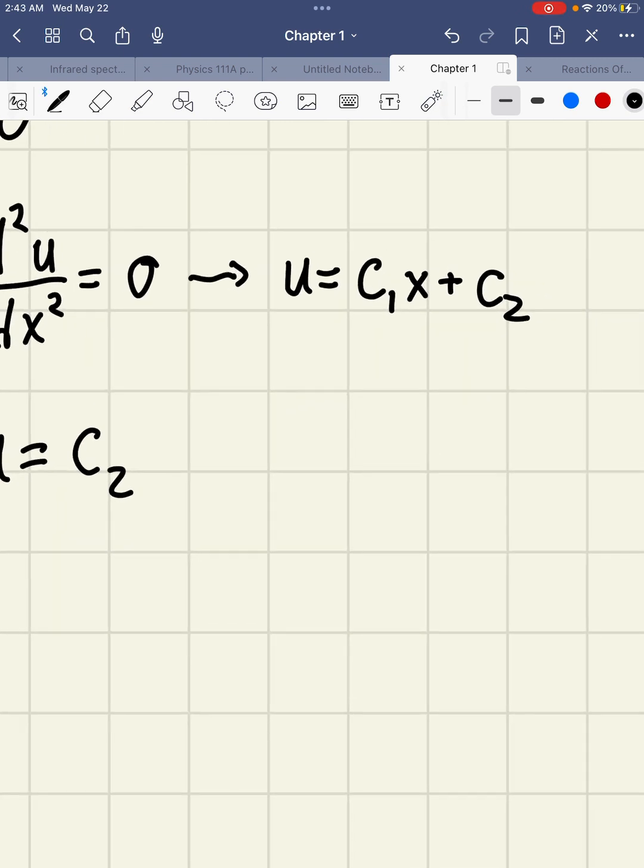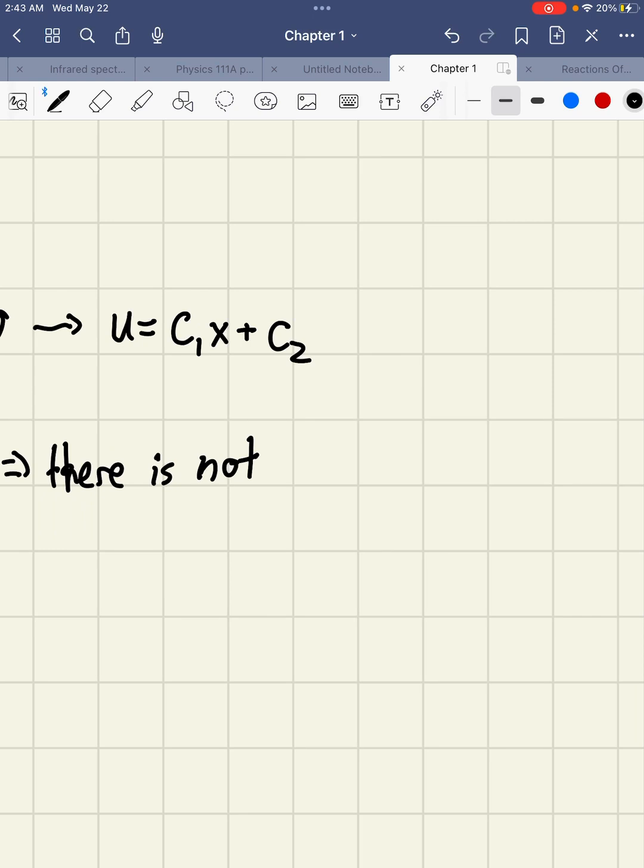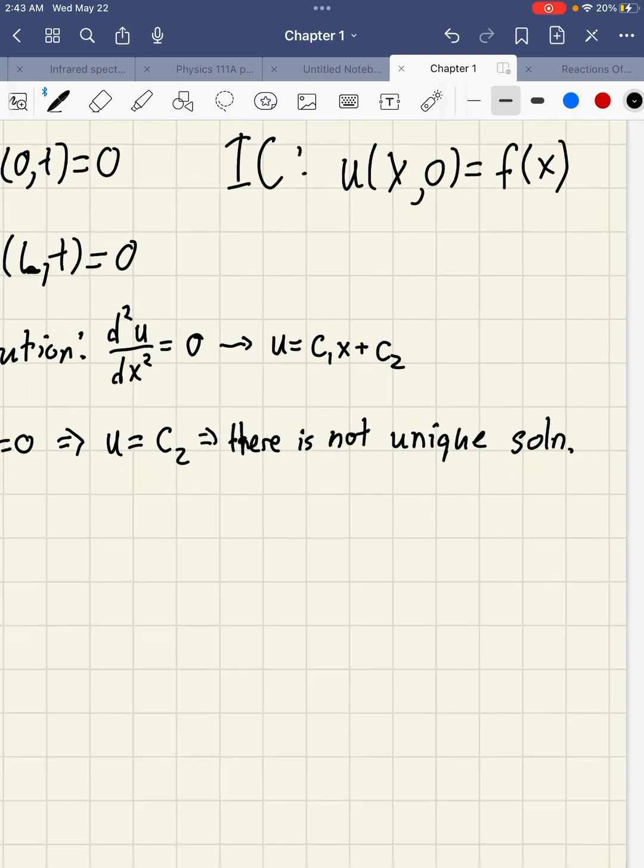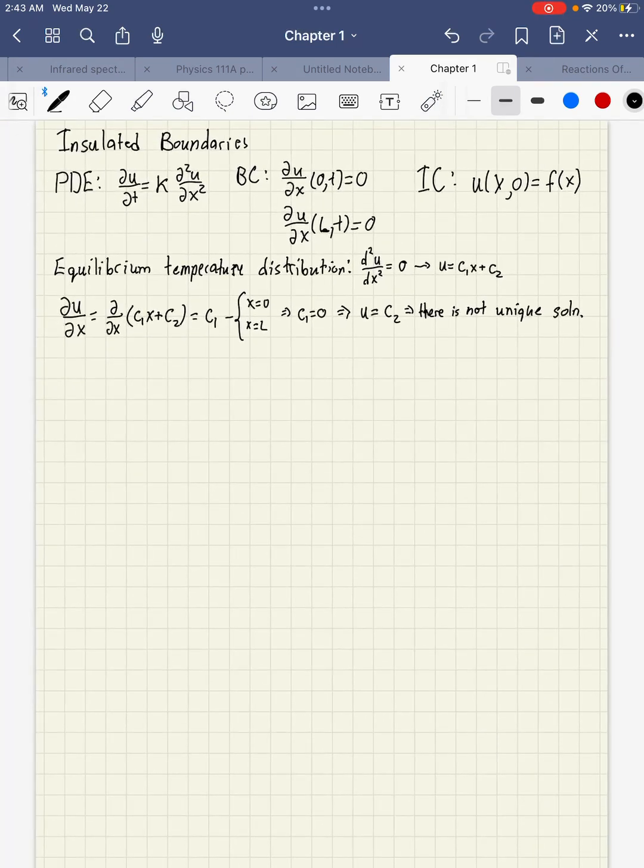Now, this constant can be any constant at all. Therefore, we can say that there is not a unique solution. Any constant temperature is an equilibrium temperature distribution for an insulated boundary condition.